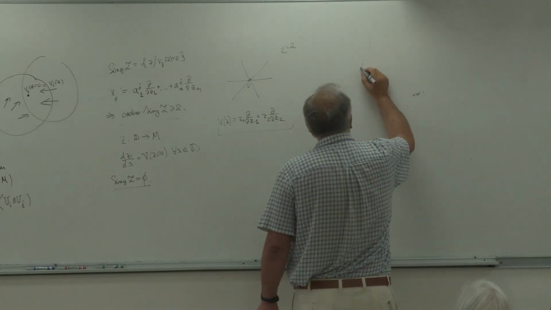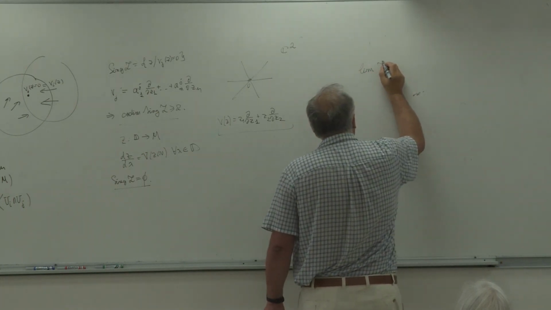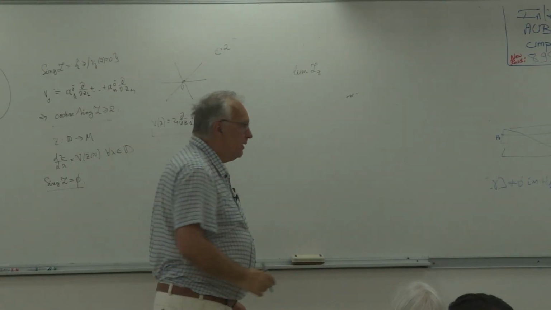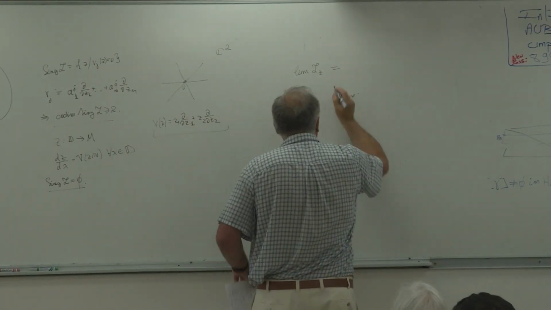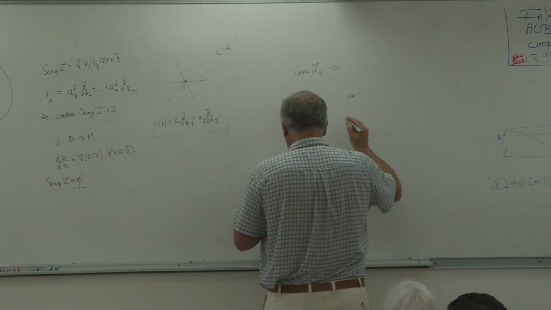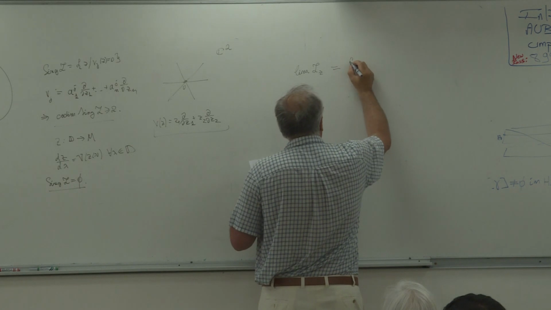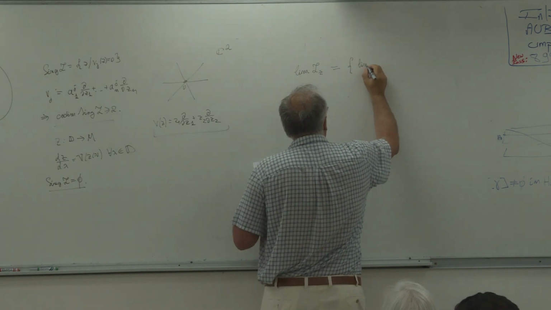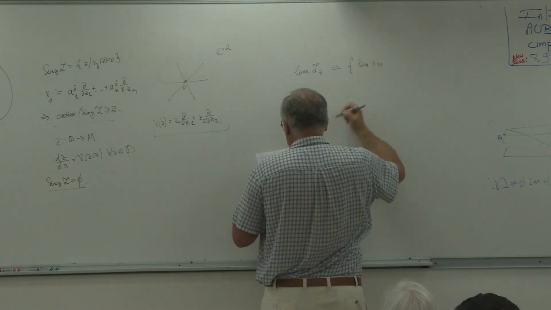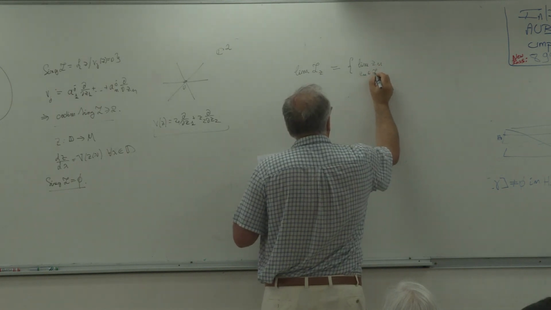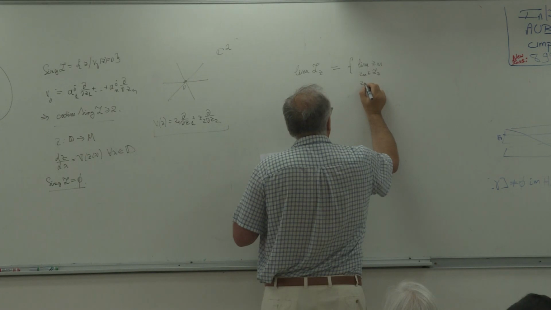The limit set of a leaf, limit of L, is a union, how to write this, okay, of all limits of all sequences in this leaf which go to infinity.